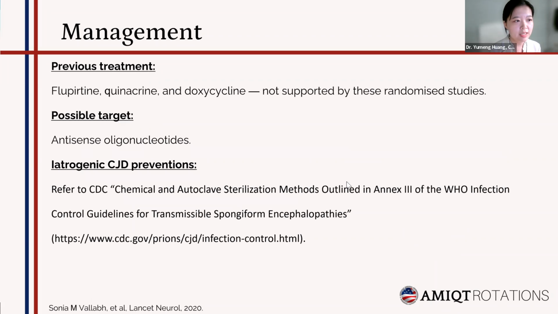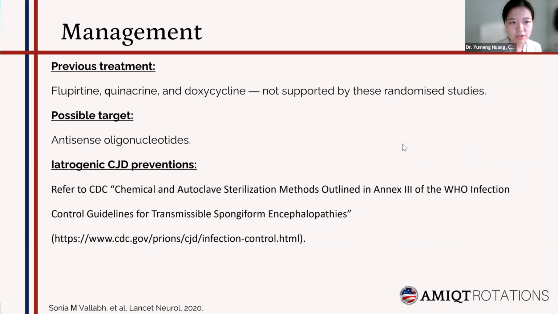Here are some studies conducted in the CJD area, but unfortunately, for fluoxetine, quinacrine, and doxycycline, the previous observational studies reporting survival increase from these drugs were not supported by randomized studies.